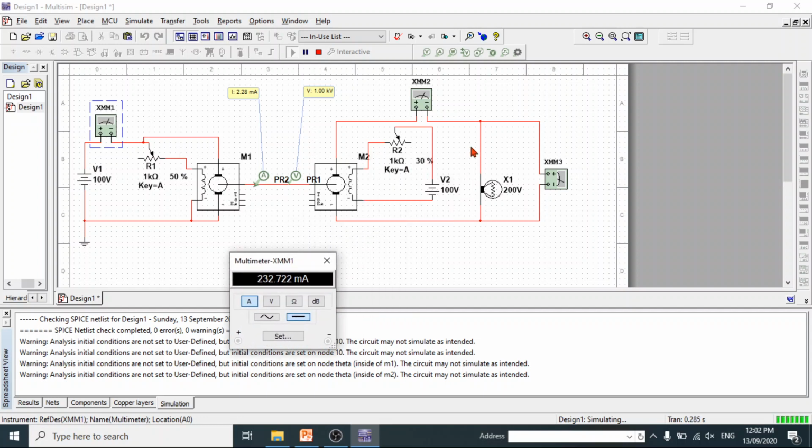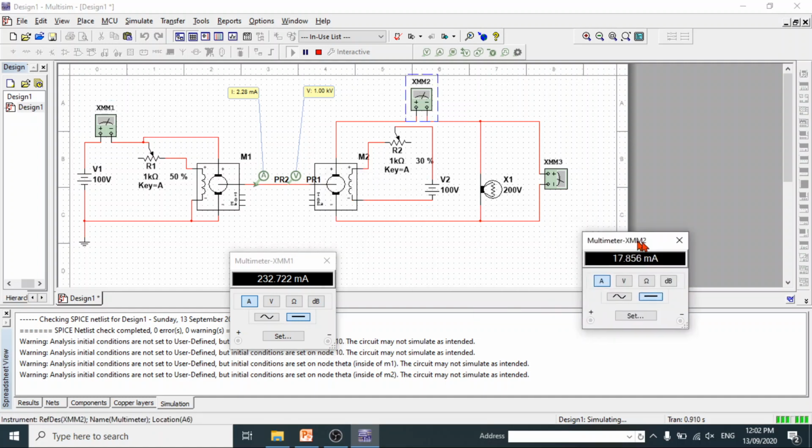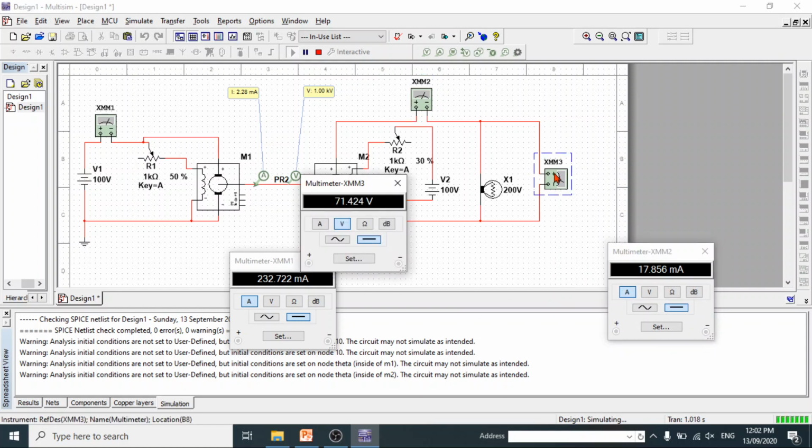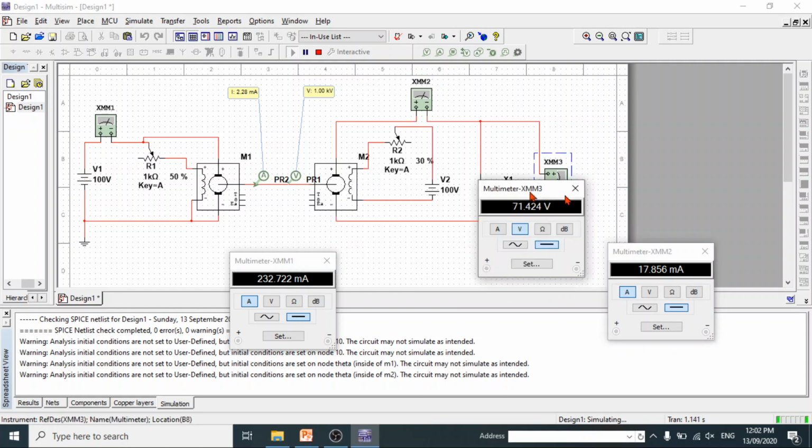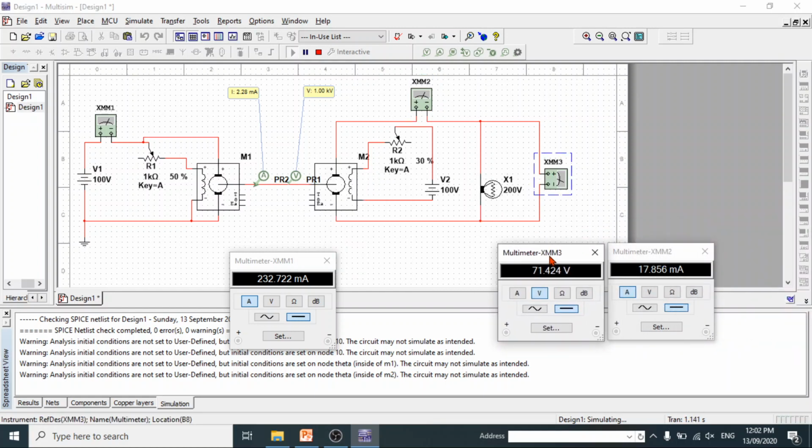Also these meters: it displays the voltage and the current in the generator side, and meter number one displays the current drawn by the motor when the generator is running.